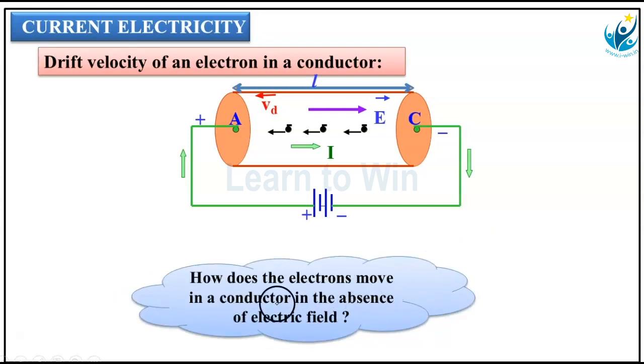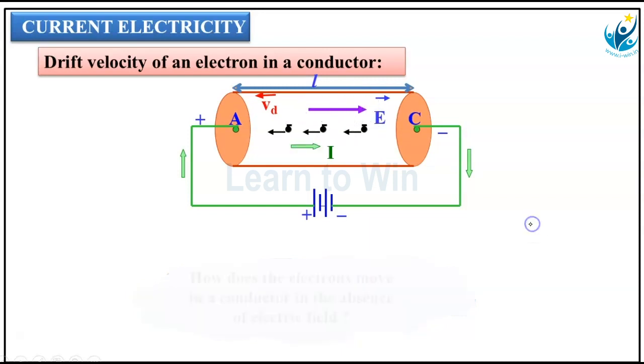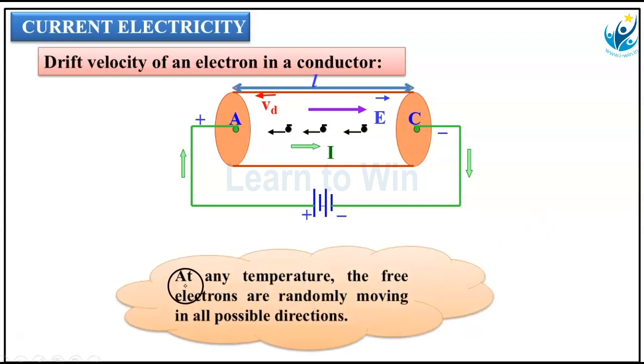How do the electrons move in a conductor in the absence of an electric field? If no electric field is applied, the electrons move randomly in all directions. At any temperature, the free electrons are randomly moving in all possible directions.